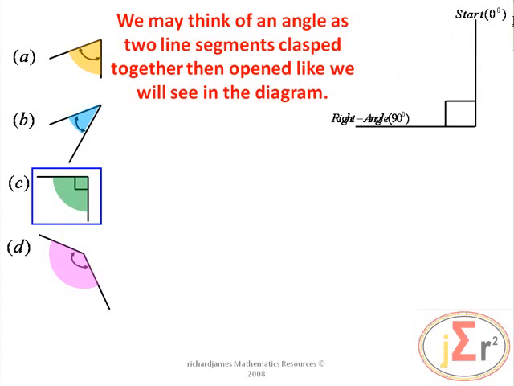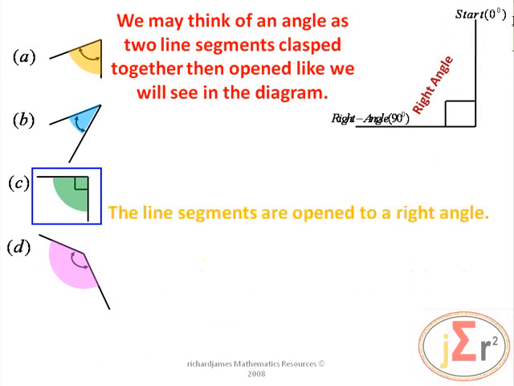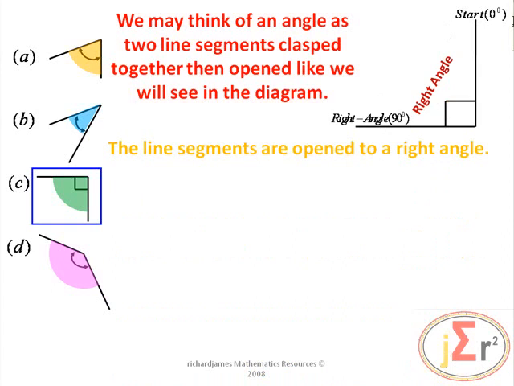It is also the angle that is made by perpendicular lines. Clasped together. Let's open. When we have them opened like that, then we have our right angle. The line segments are opened to a right angle.